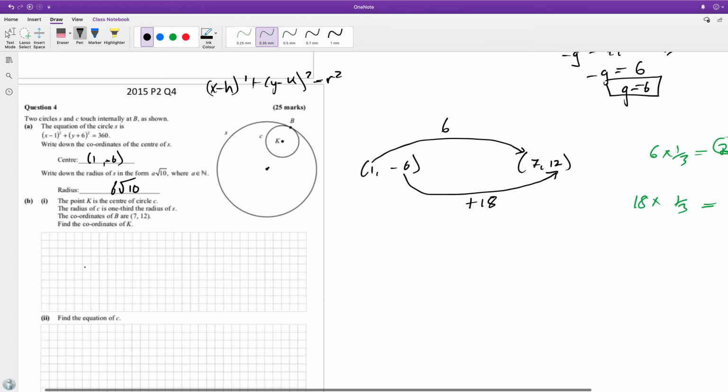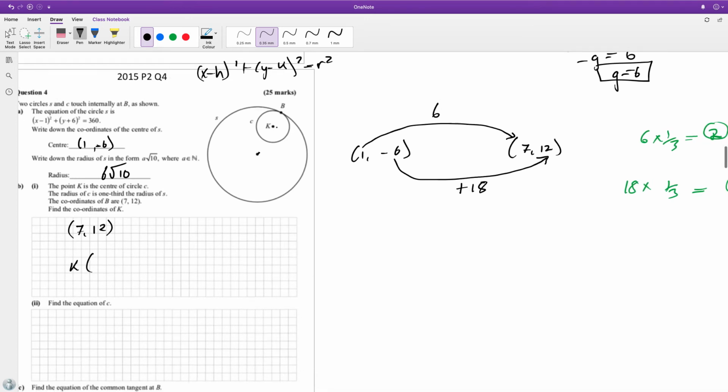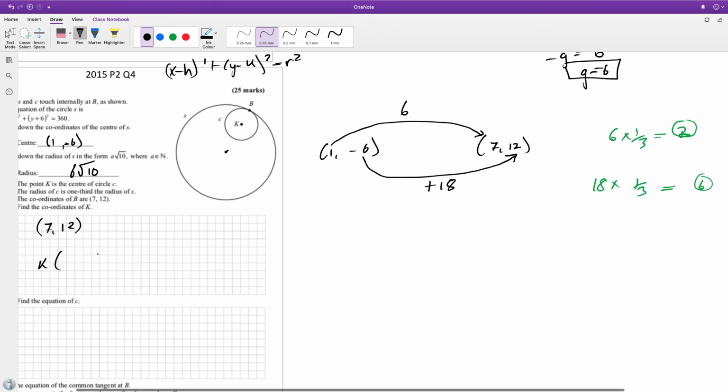So B is the point 7, 12, and K is the center. We know it's down 6 and back 2, so 2 away from 7 is 5, and down 6 is 5, 6. And Gabby's right.